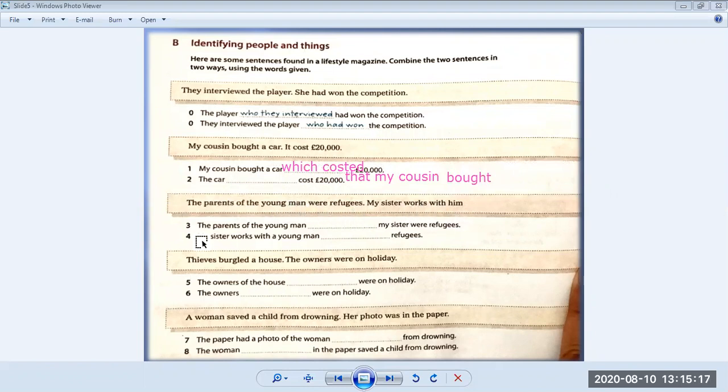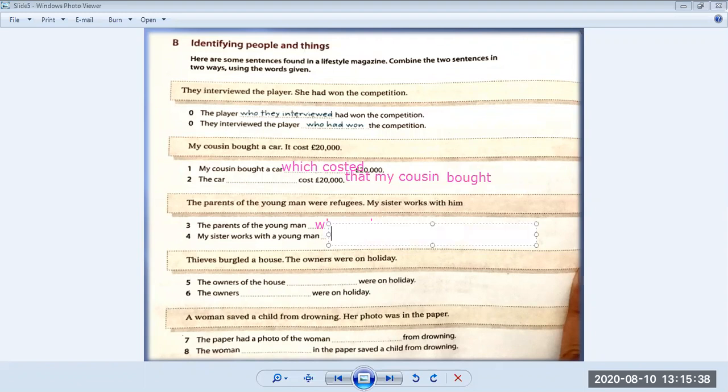So: the parents of the young man were refugees. My sister works with him. The parents of the young man who works with my sister were refugees.